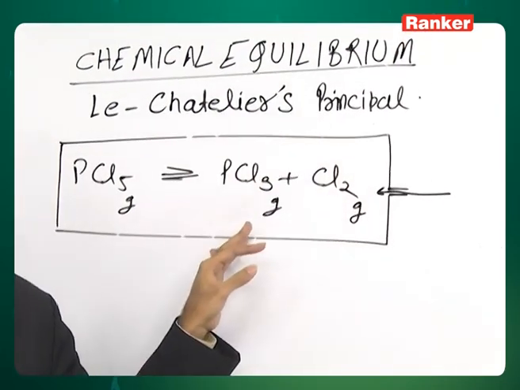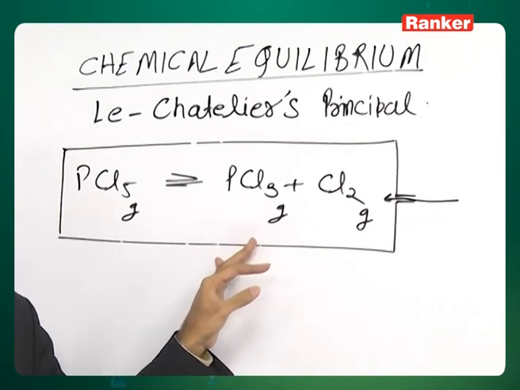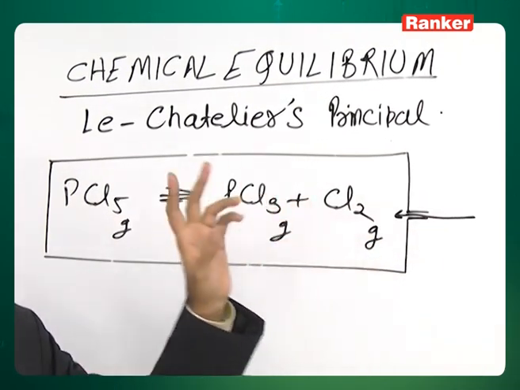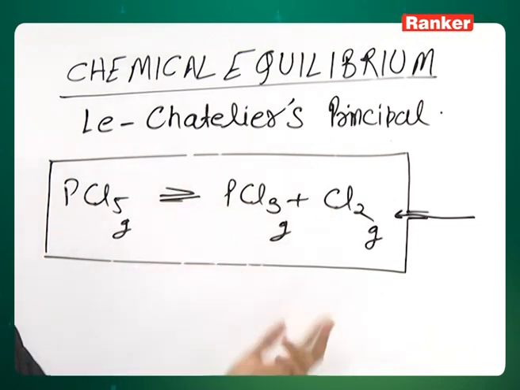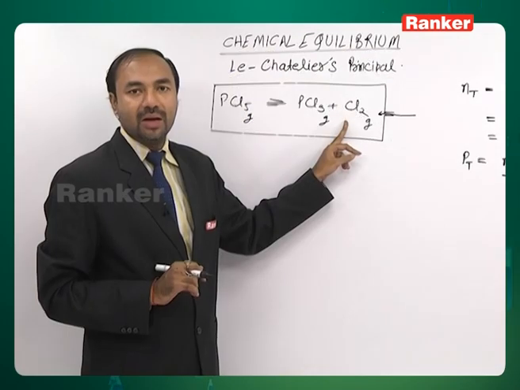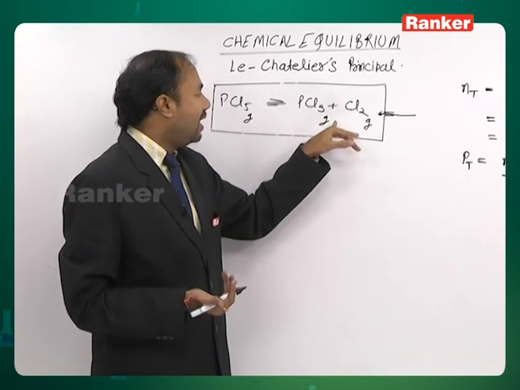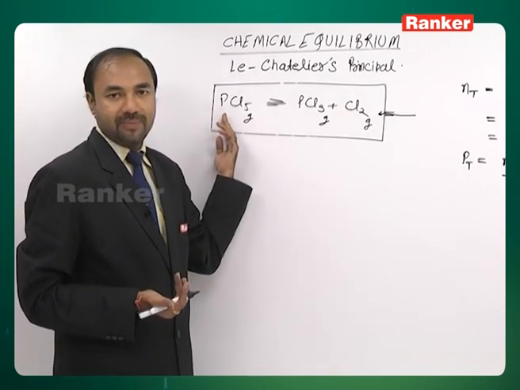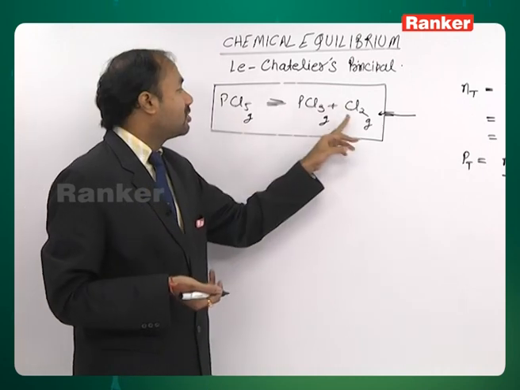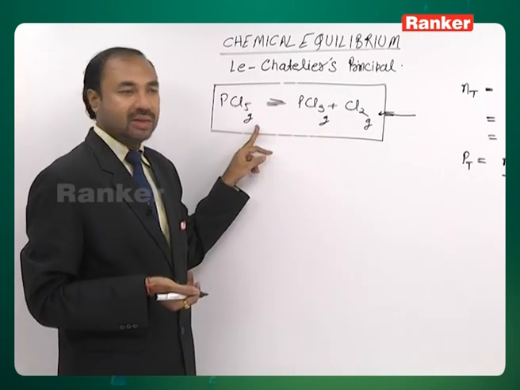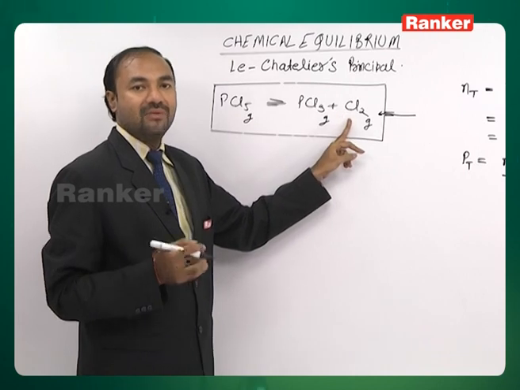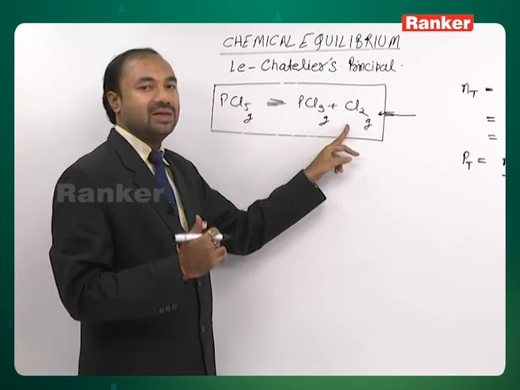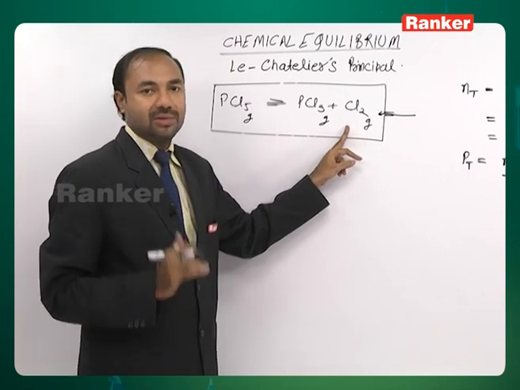It will try to negate this change. For doing this, since you have increased the concentration, the equilibrium will try to decrease the concentration of Cl2. And in such an attempt, the equilibrium starts shifting in the backward direction. You can see if the equilibrium goes in the backward direction, then the number of moles of chlorine will decrease. This is how the equilibrium tries to adjust itself against the change.